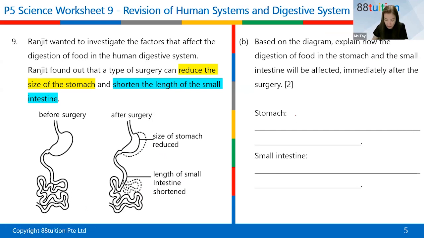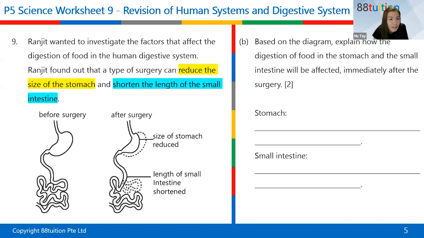Let's look at the stomach first. You see, size of the stomach reduced. What do you think? When the size of the stomach is reduced, what is the immediate thing that comes to your mind? Vinuli, any idea? No idea. Okay Vinuli, how much do you eat usually?